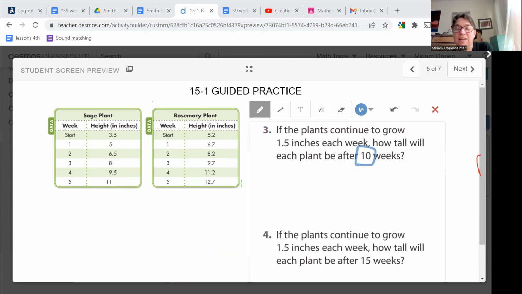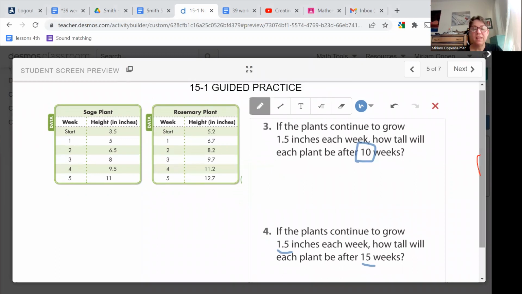If the plants continue to grow 1.5 inches each week, how tall will it be in 15 weeks? You might notice a pattern where something was the same again and again, right? You could notice that if it's this at 5, then what would it be at 10? And then maybe you could just figure out what it would be at 15, right?